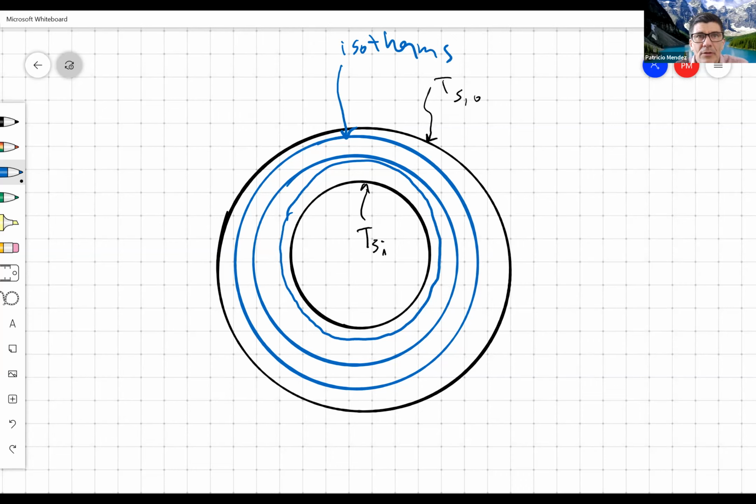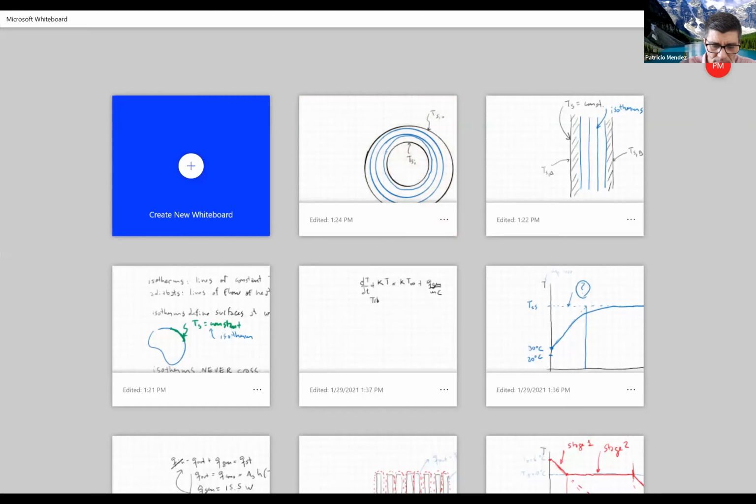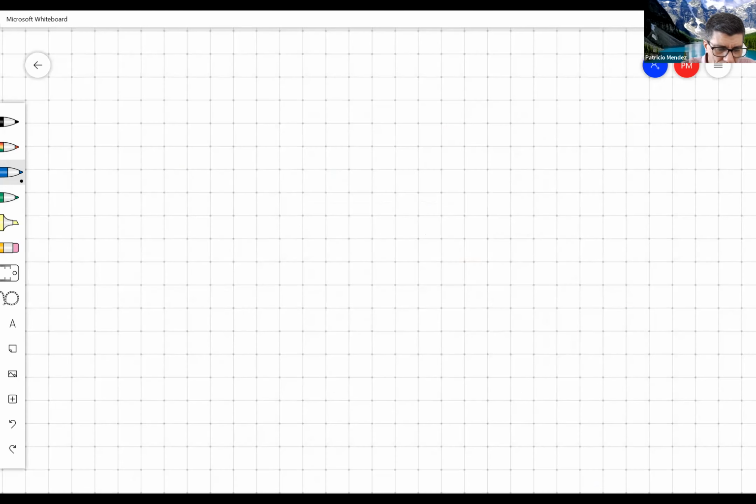The other thing we defined was the adiabats. They have this property: they're the lines of heat flow.